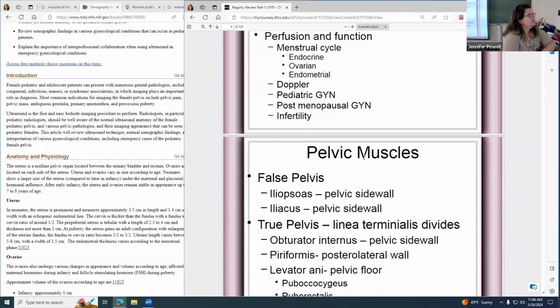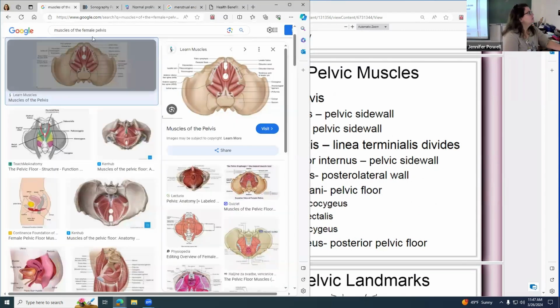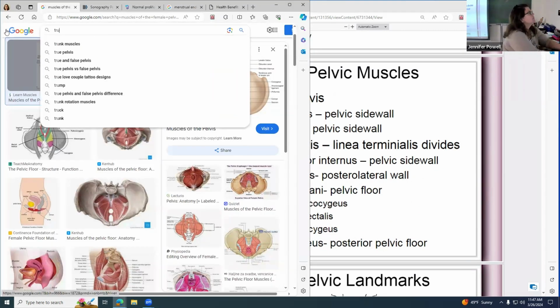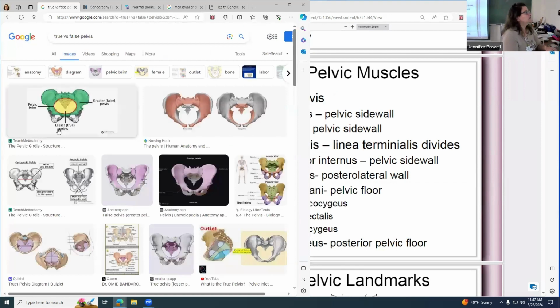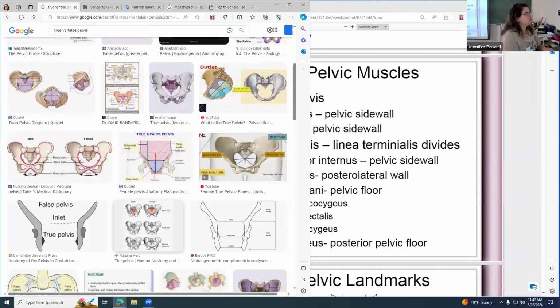All right, false pelvis. That's the area superior to all of your organs. So if you remember when you made your models, the true pelvis is kind of like the bowl.